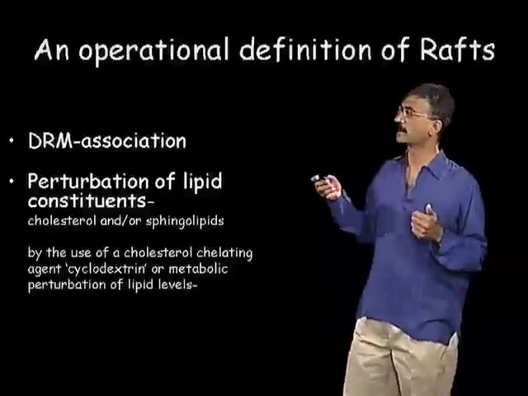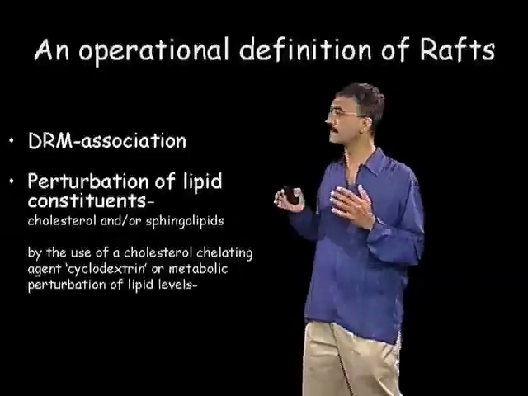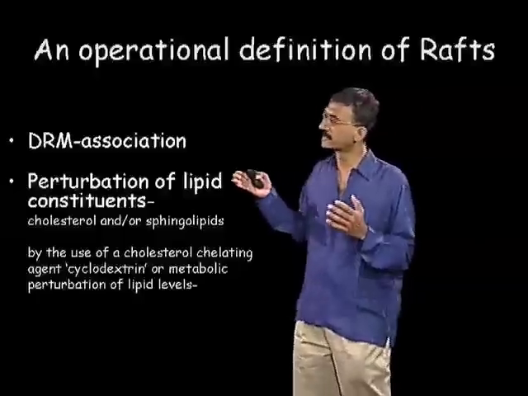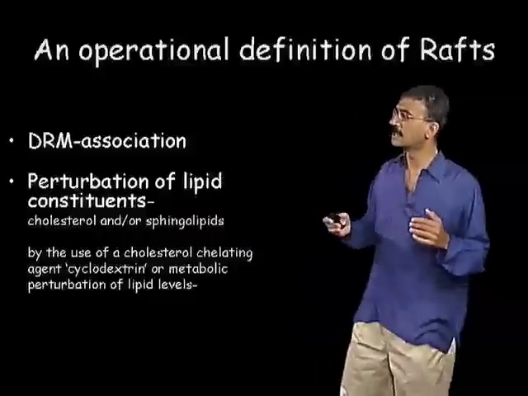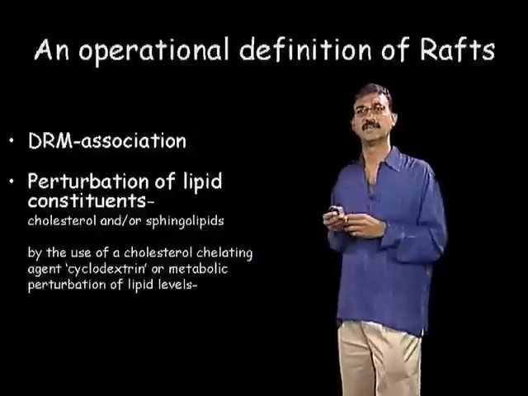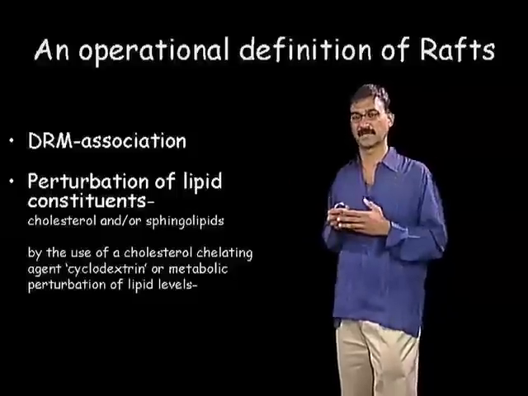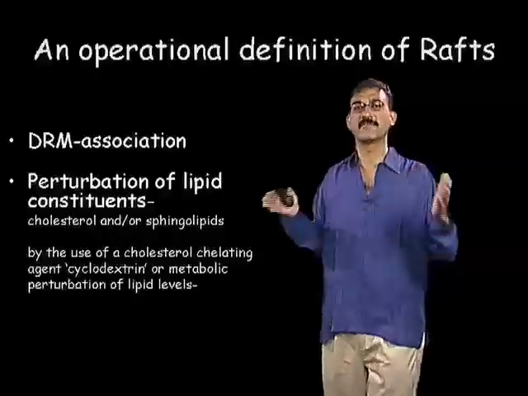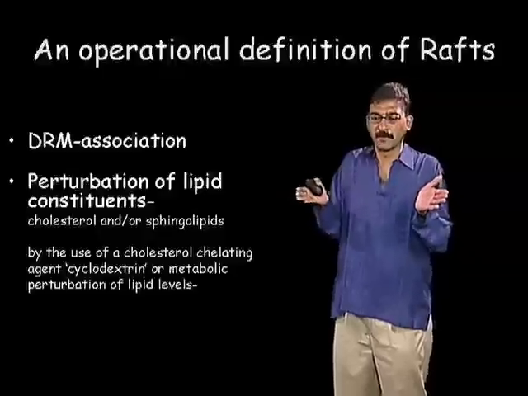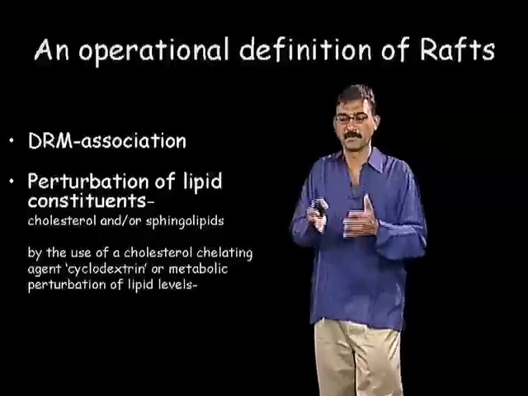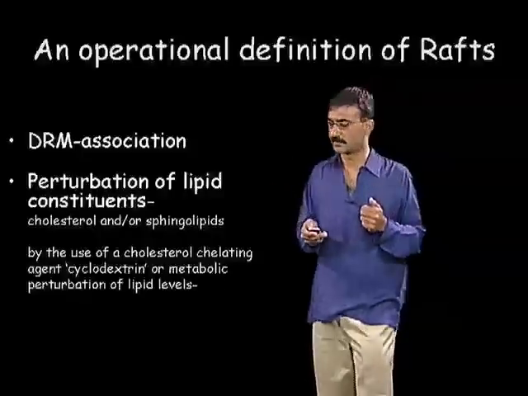On one hand, components that were associated with this detergent-resistant membrane were thought to be part of rafts, and on the other hand, if one was able to perturb the lipid constituents in the cell membrane, for example, cholesterol and sphingolipids, by using cholesterol-chelating agents or metabolically depleting the levels of these lipids in cells, then a particular function in the cell could be associated with requiring rafts in that process.